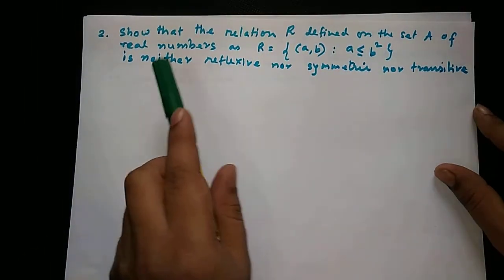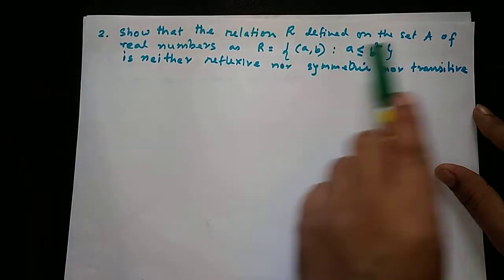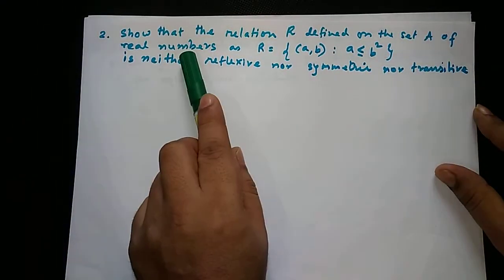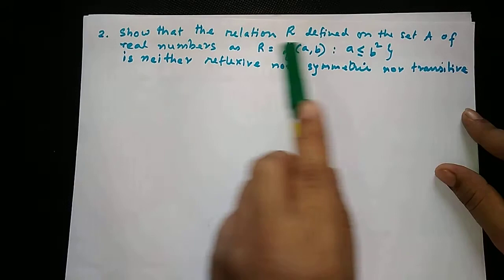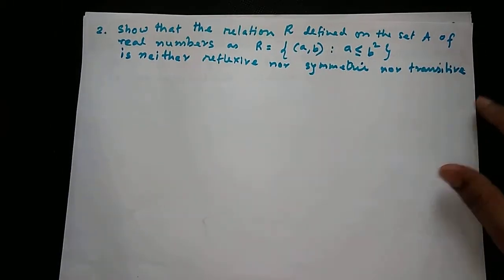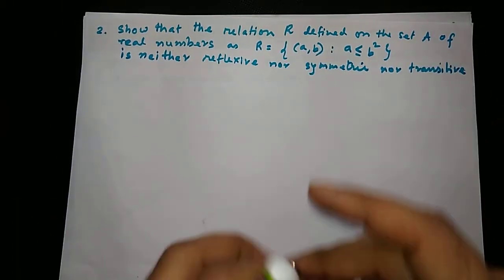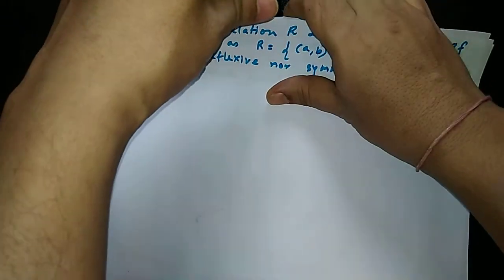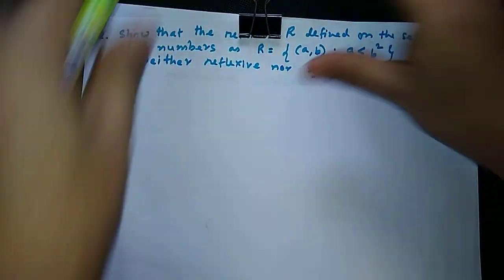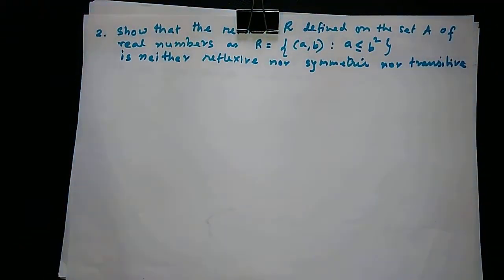What we have to do is prove that this particular relation defined on the set of real numbers is neither reflexive, nor symmetric, nor transitive. Now how to do it?